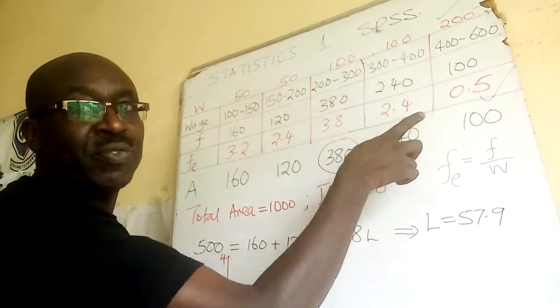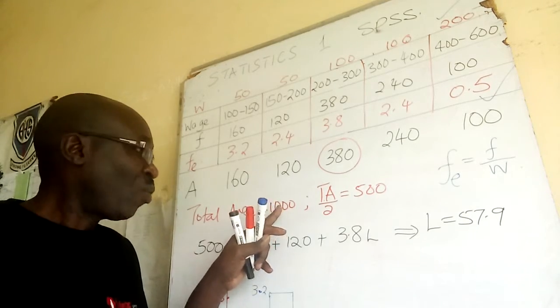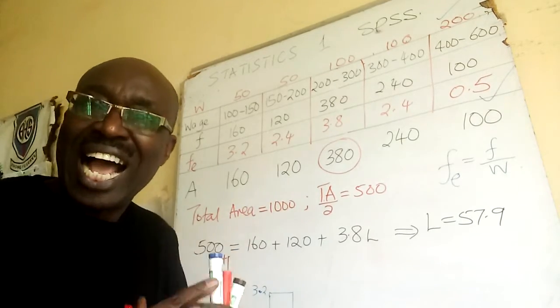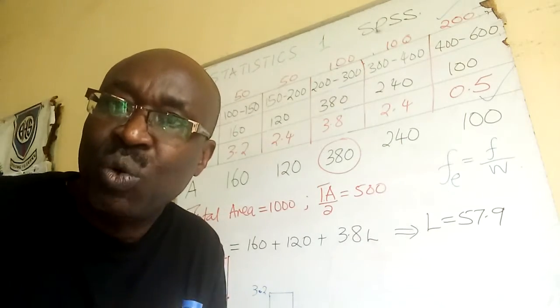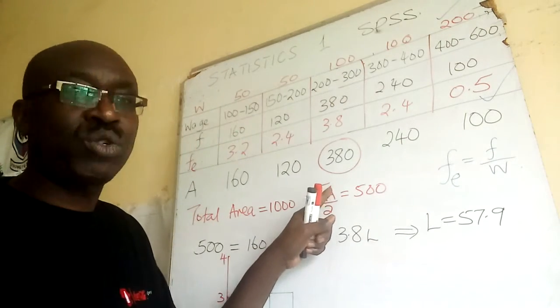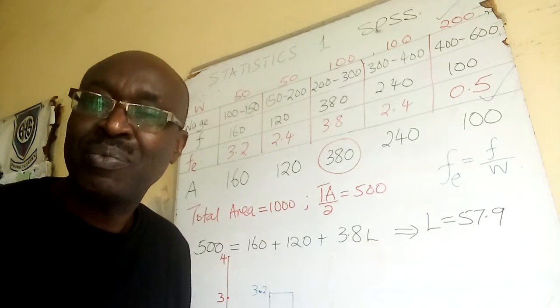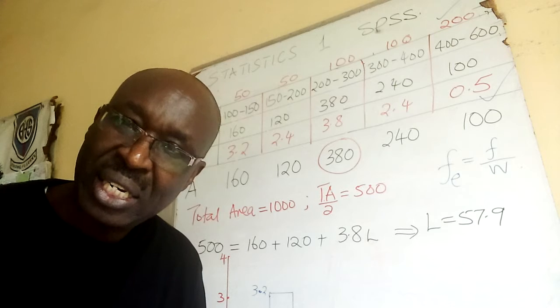So 5 plus 4 plus 1, 1,000. 1,000 is the total area, which is to be divided into 2. So when you divide the total area by 2, you get 500. What does it mean?